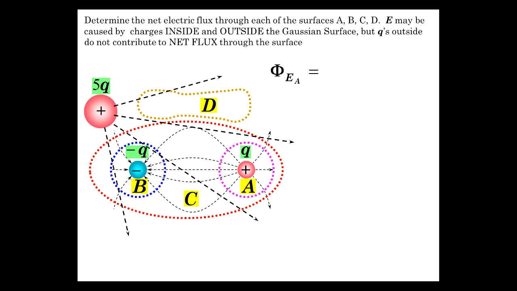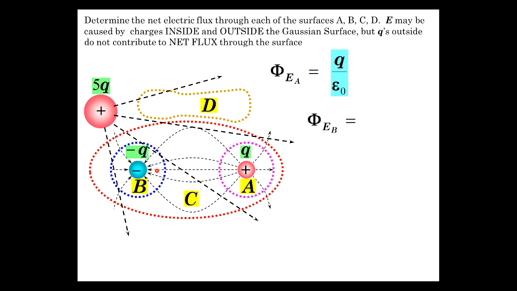because the electric flux through surface A is simply Q over epsilon 0. It's Q enclosed over epsilon 0, but the only charge enclosed is Q. You'll notice the flux lines all going out of the surface. So that flux is Q over epsilon 0.